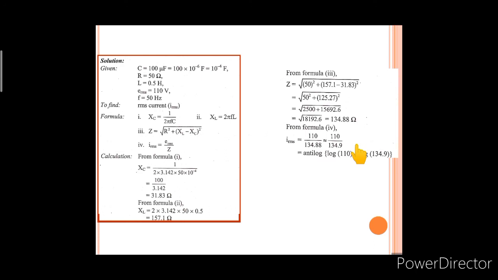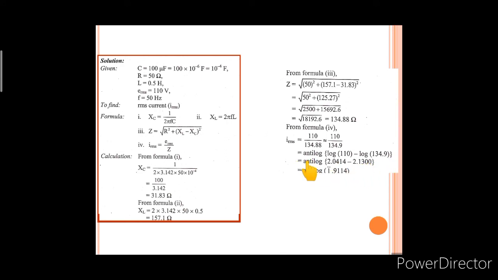Now let's calculate it by using logs. First we write the anti-log, and in bracket log of 110 minus log of 134.9, as 134.9 is in the denominator, so we subtract the log value. Then we write the value of log 110, which is 2.0414, and the value of log 134.9, which is 2.1300.